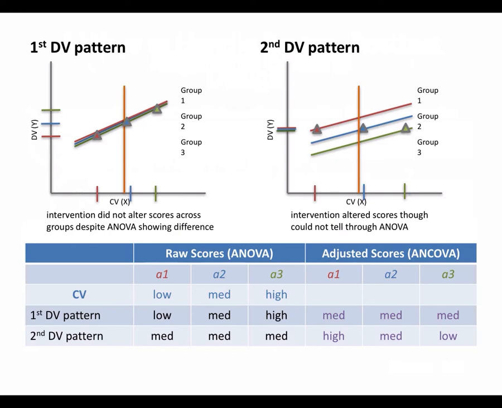This is a different scenario, in which we measured their DV, the post-anxiety scores, and they look all the same. However, they started with different pre-existing anxiety scores. This green group started with higher pre-existing anxiety scores than the blue group, than the red group. If we just look at the scores, there's no difference.